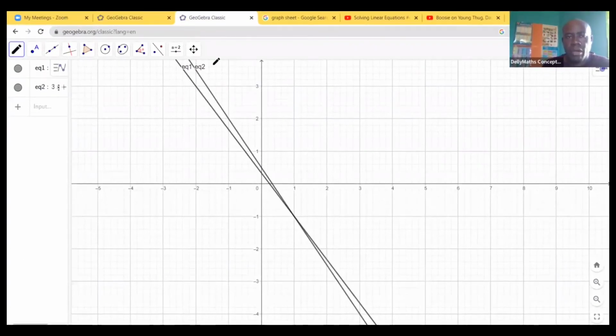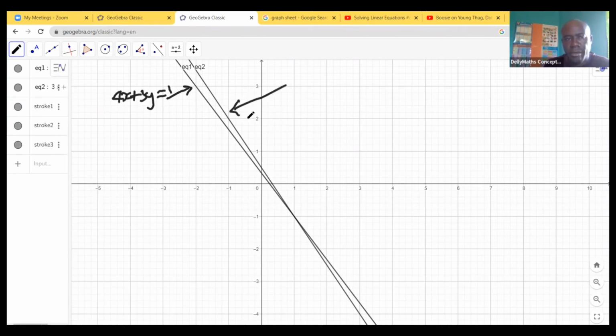All right, so here is equation 1. That's equation 1 right there. So this is the 4x plus the 3y, which is equal to 1. And here is equation 2 right here. And this is the 3x plus the 2y, which is equal to 1. And this is where they intercept right there.